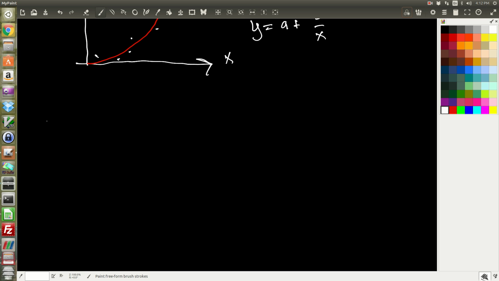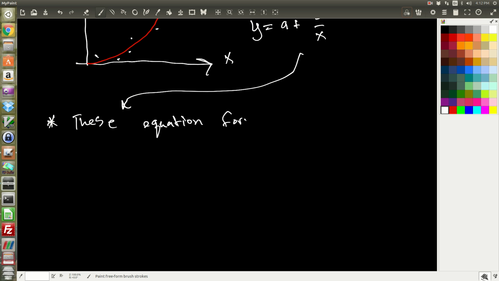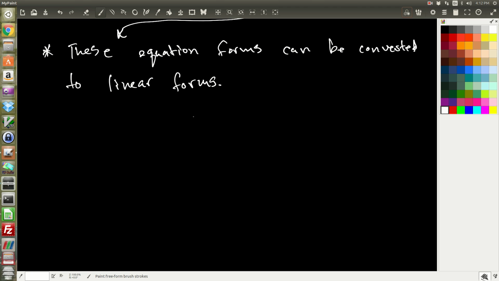So let's just write that down. These equation forms can be converted to linear forms, and that process is called linearization.